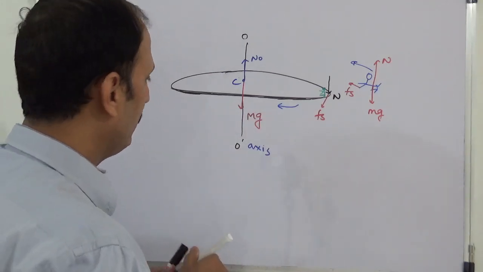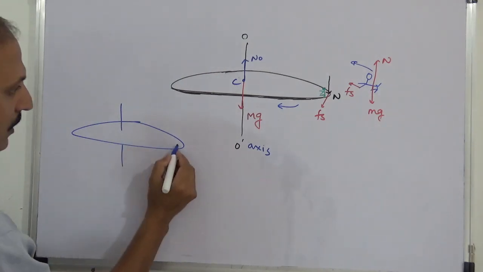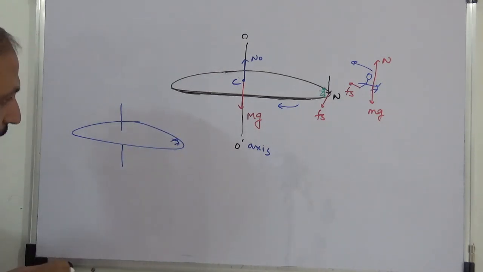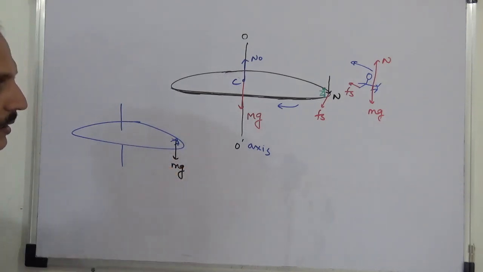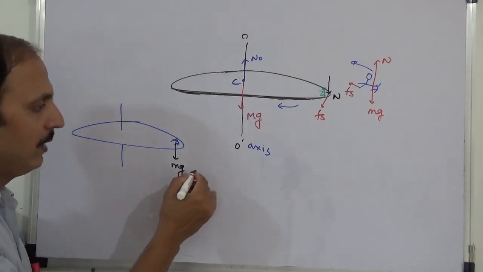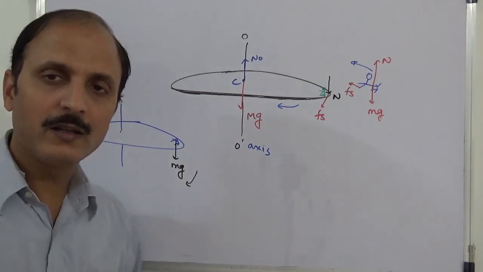So if I draw it again here, due to this mg, the mass of the insect, torque will be there. But the mass of the insect is how much? It's very, very small.